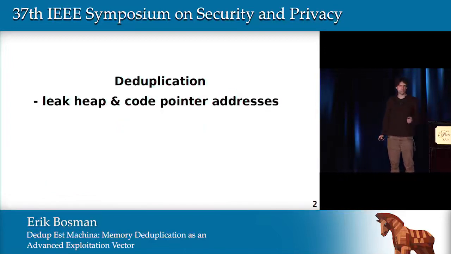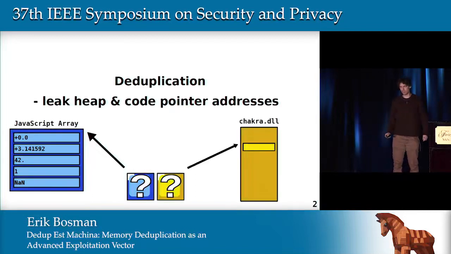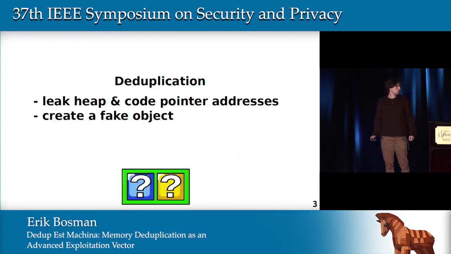We will use the deduplication side channel attack to leak information, so leak a heap pointer to data that we control, and then combine this with a code pointer, a pointer to the browser's JavaScript library. And these two secrets allow us to create a fake object.